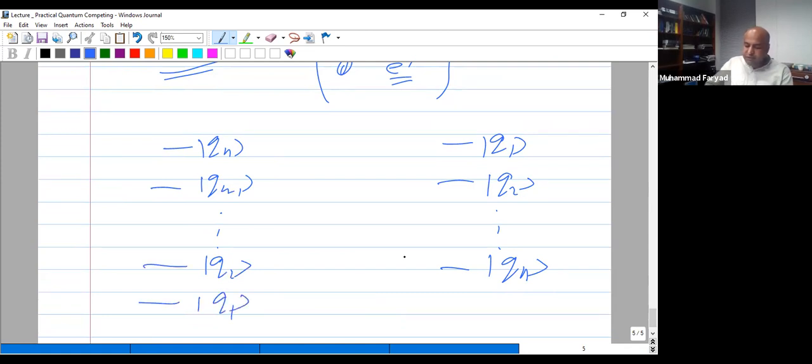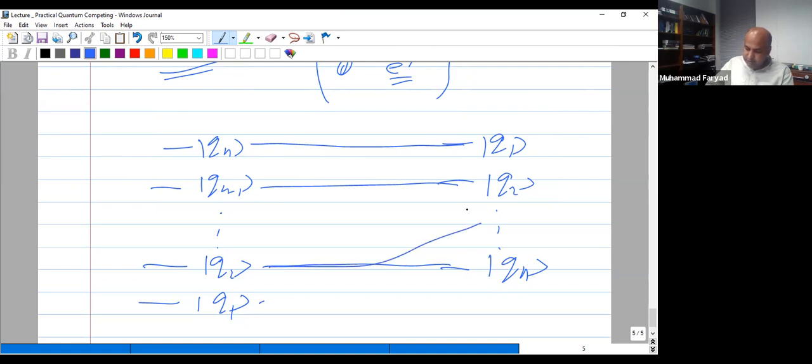So it means what we will have to do is apply a swap. We need to swap this qubit with this. We need to swap this qubit with this, and so on.